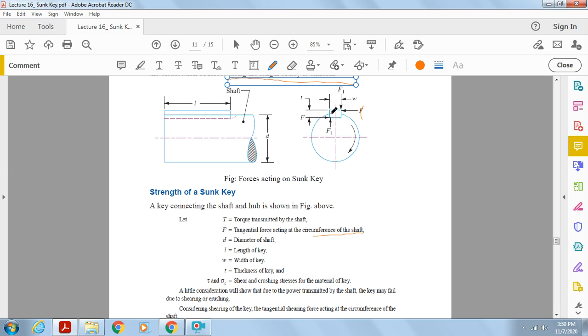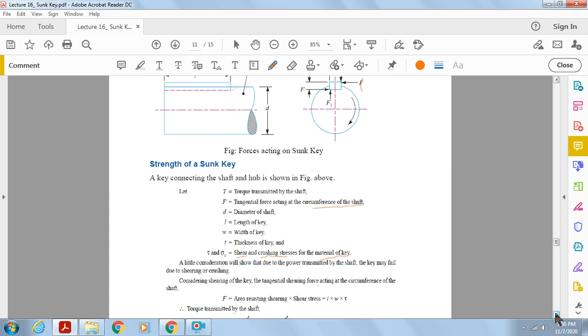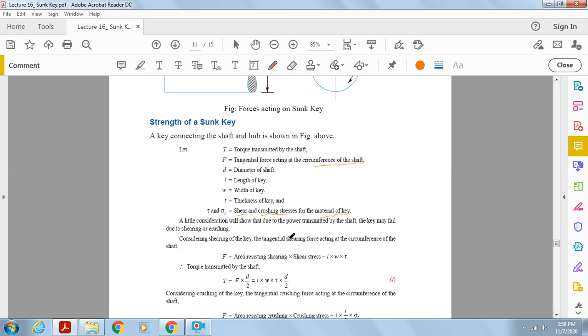W is the width of the key. T is the thickness of the key. Sigma C is the crushing stress, and tau is the shear stress for the material of the key. A little consideration will show that due to the power transmitted by the shaft, the key may fail due to shearing or crushing.